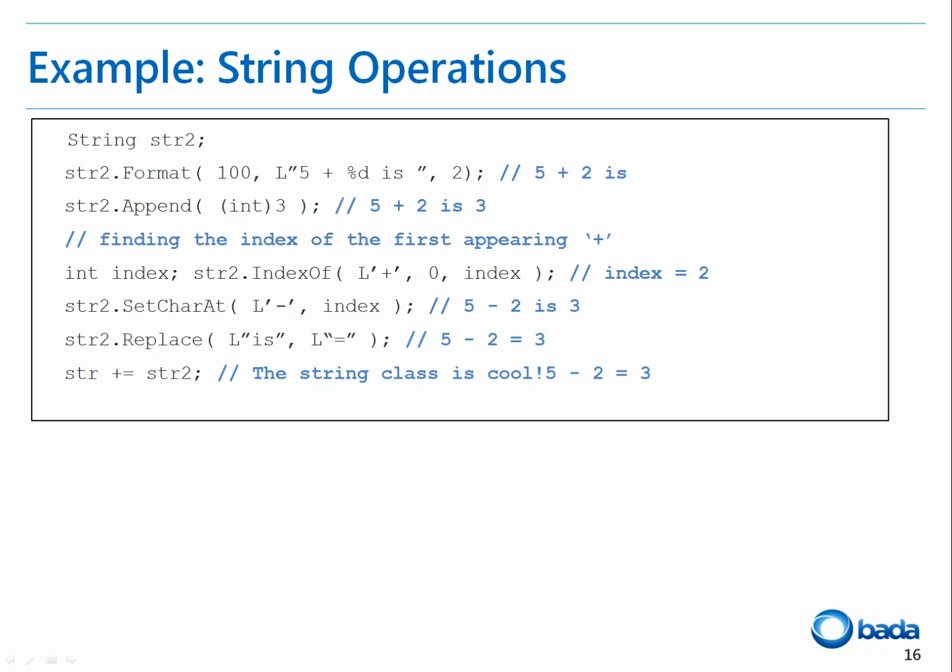Then, I found the is substring and replaced it with equals. As a result, the str2 string becomes 5 minus 2 equals 3. The last statement appends str2 to the str using the operator plus equals.